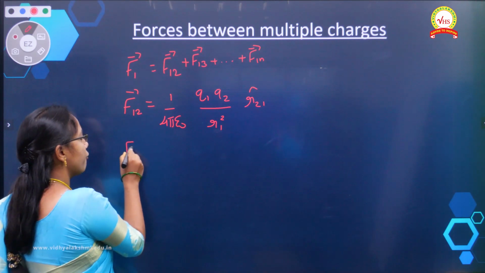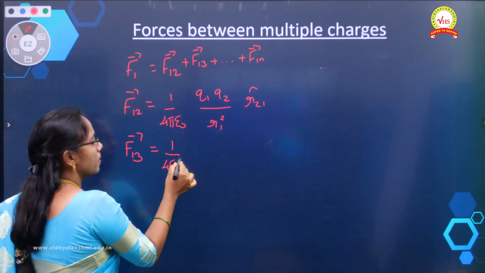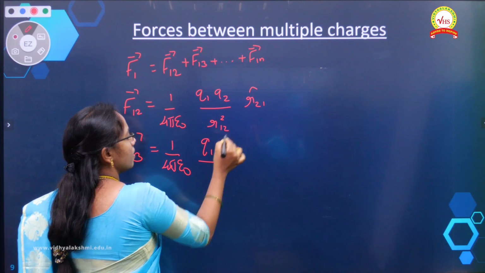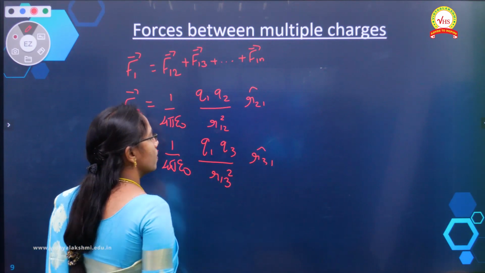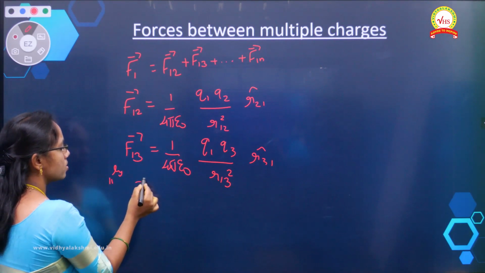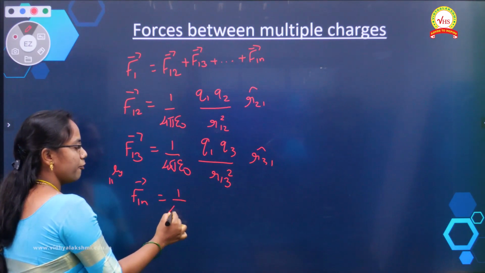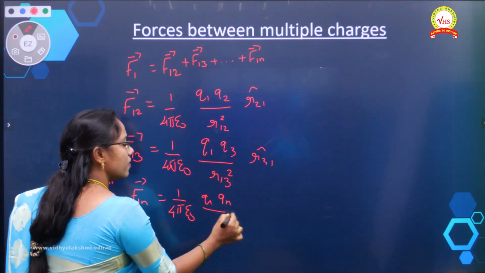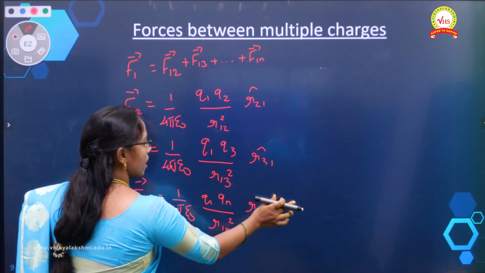Similarly, F13 can be written as 1 by 4 pi epsilon naught Q1 Q3 by R13 square R31 unit cap. Similarly, for the nth charge, F1n, the force on charge Q1 due to the nth charge, can be written as 1 by 4 pi epsilon naught Q1 Qn divided by R1n square Rn1 unit cap.